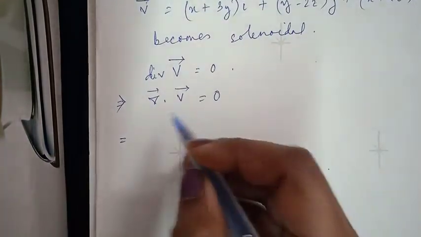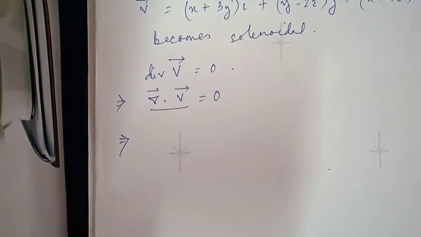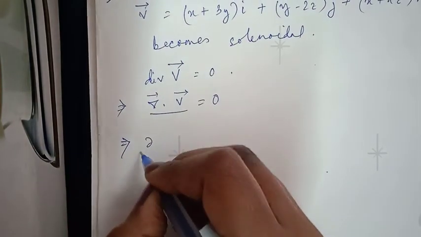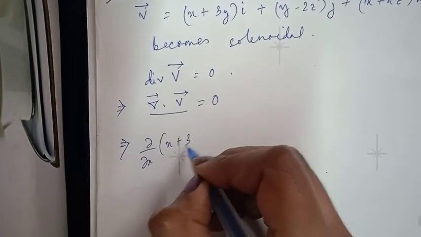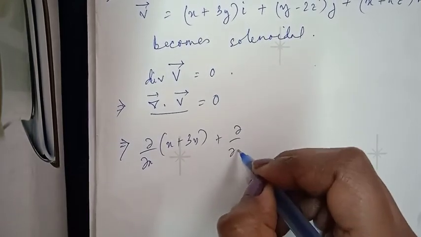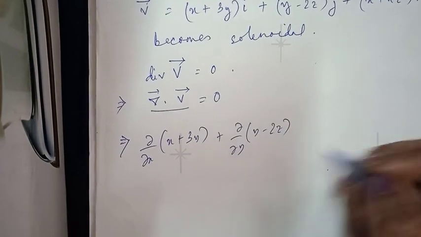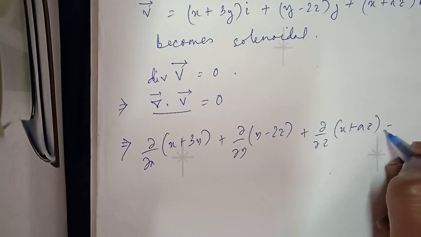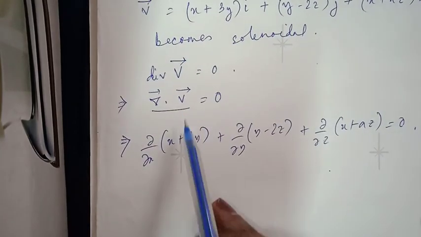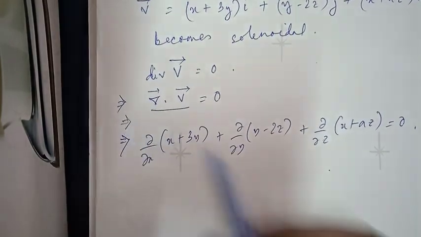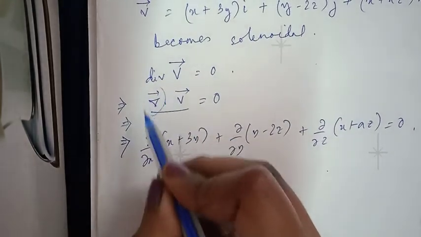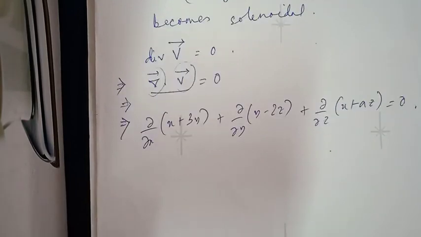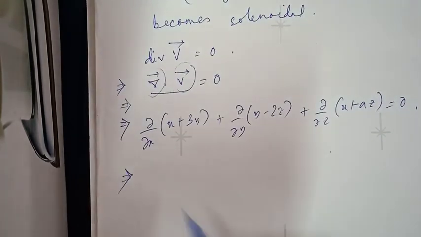So find it. What will be the divergence v, that is the dot product with the nabla operator, so it will become del x of (x plus 3y) plus del y of (y minus 2z) plus del z of (x plus az) equals to 0. Okay, here you need to write one line, I'm skipping it, that is putting the value of nabla operator dot putting the value of v vector function, then write this line. Okay, I'm just skipping it here. Calculate it.